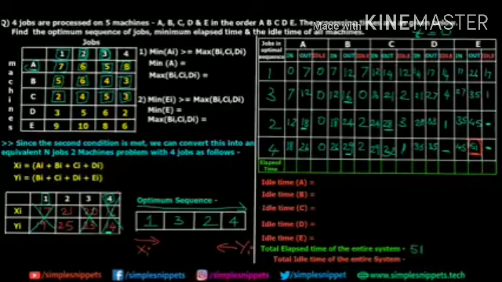Now for the total idle time of the entire system, we need individual idle times of A, B, C, D and E. Okay. So let's see what we have for the idle time for A. You can see idle time individually for A is all zeros. You can see 0, 0, 0, 0. But you can see that A finished all the jobs at 26th minute. Right? However, our entire system finished all the work at 51st minute.